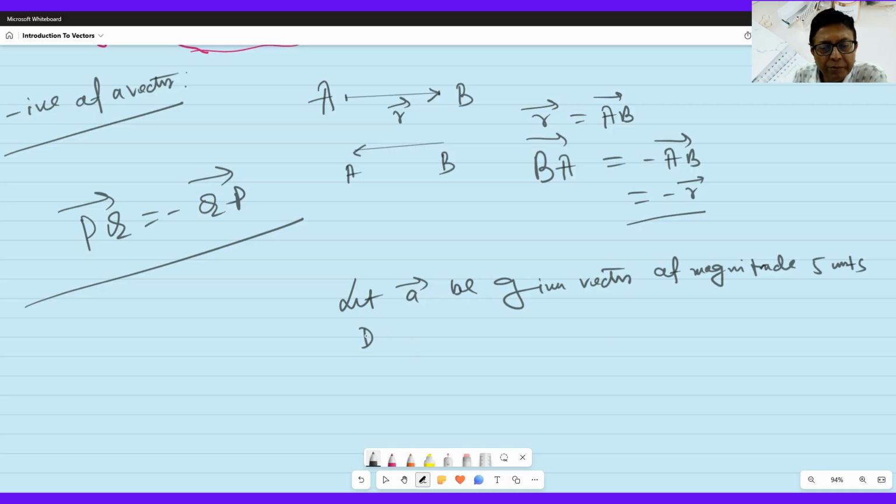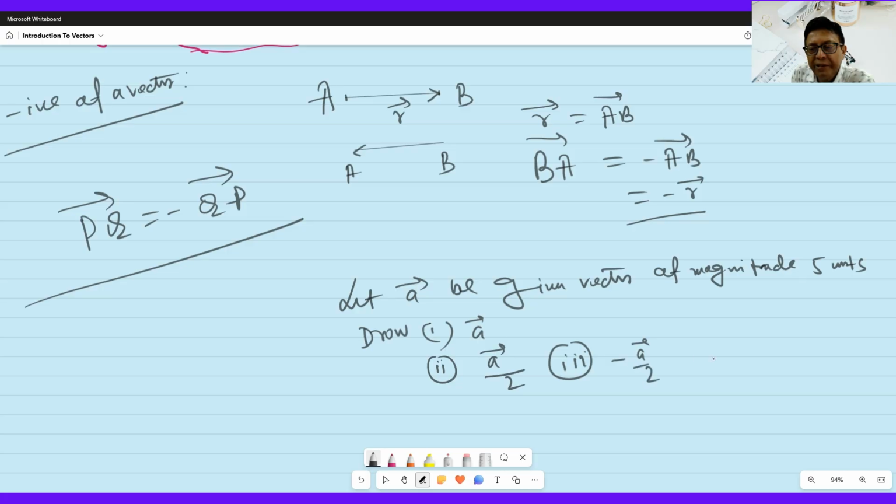Draw number 1, vector A; number 2, vector A by 2; number 3, vector minus A by 2; number 4, vector, say, A by 5. Just do this thing.